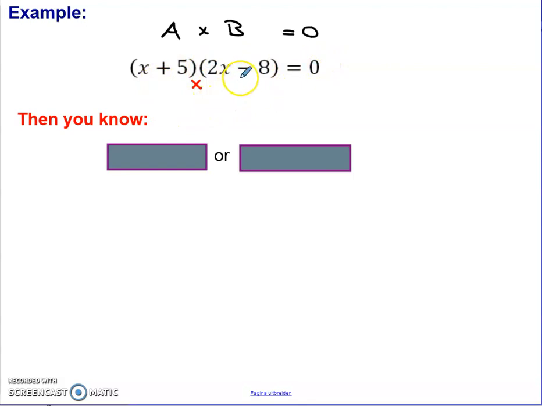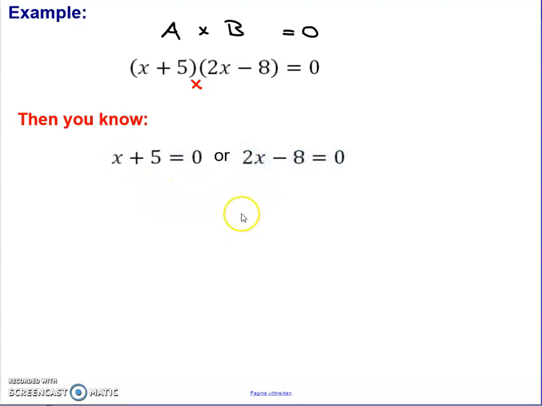So I multiply two factors and the solution is 0. This means that either this part needs to be 0 or that part needs to be 0. And that is what I'm going to write down. x plus 5 needs to be 0 or 2x minus 8 needs to be 0. And then I have two equations I can solve by using the balance method we learned in chapter 9.